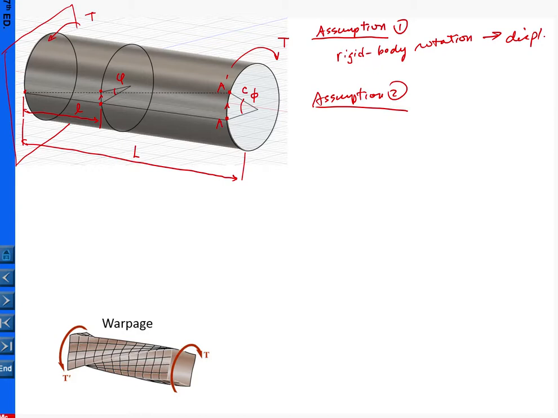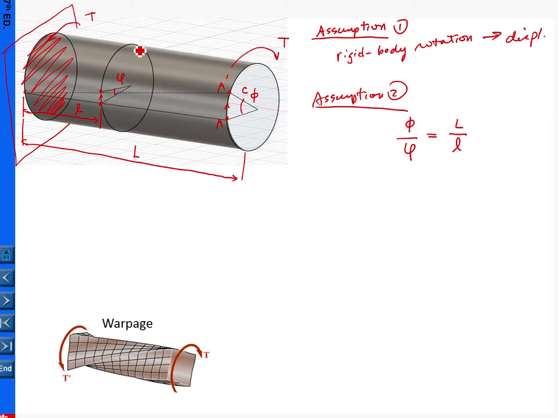Okay, so with all the symbols ready, the second assumption is this: the angle swept due to rigid body rotation of the cross section is proportional to the distance of the cross section to the wall here. Okay, that is the second assumption. Basically, you could imagine this end is fixed against the wall, so this cross section doesn't move, doesn't rotate.